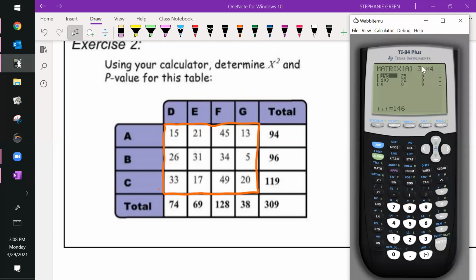A lot of times people will mess up these 2 numbers here, but it's pretty easy to tell if I go back up. If I were to mix this up and go 4 by 3 by mistake, I would see right away there's an issue because I have 4 rows here, but only 3 rows there. So I wouldn't worry too much about making that mistake.